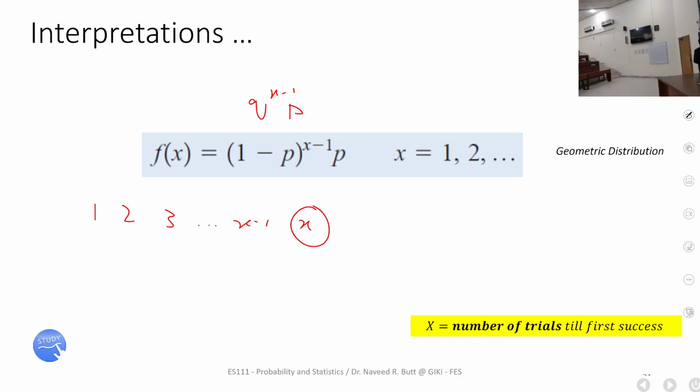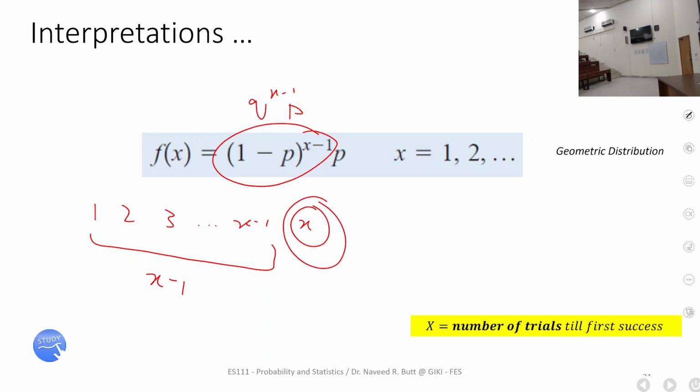You could write it like this, but then somewhere you will again have to write p plus q is 1, right? हर दफा लिखना पड़ेगा. But now the key thing here is up to here failures, so x minus 1 failures, and 1 success.